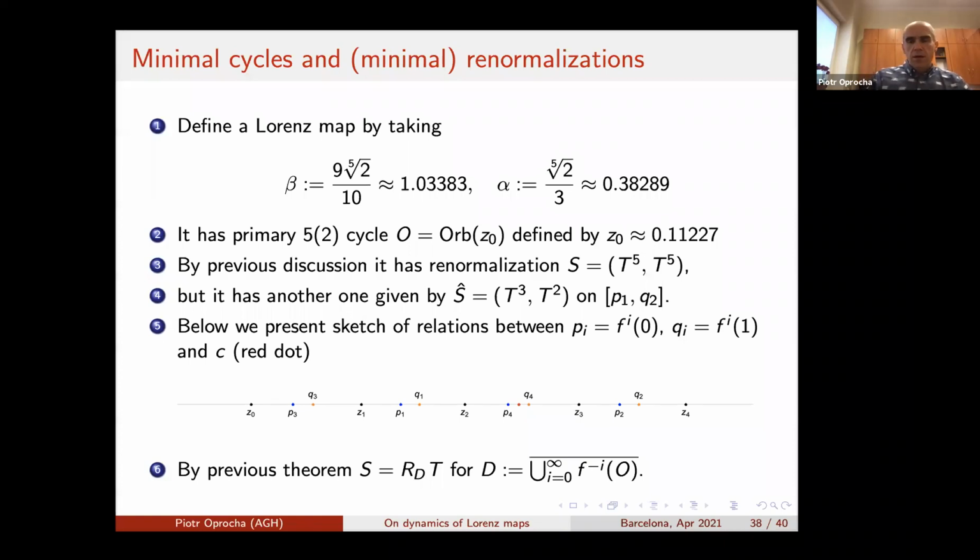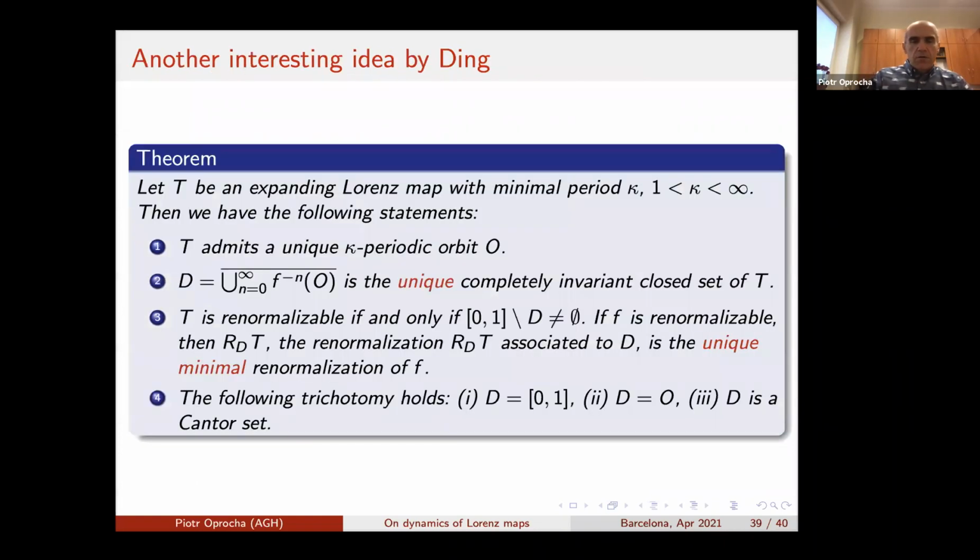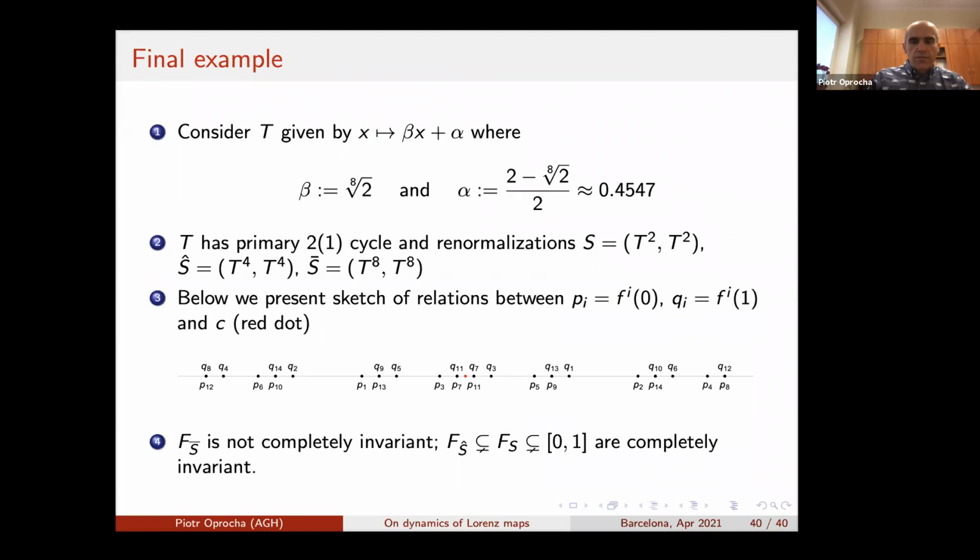On the other hand, and maybe I won't go into that, but I will show you this example just to finish slowly. So that example before was showing that renormalization from NK cycles, if you get it, maybe it's not the minimal one. Here in this example, it is the minimal one because there are other two renormalizations, but with bigger powers of the map.